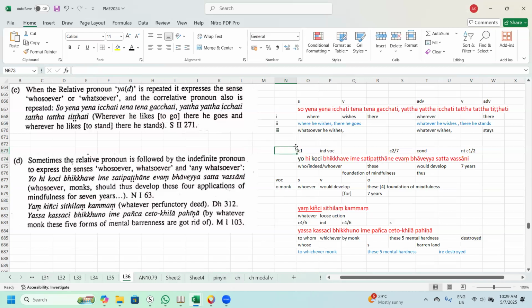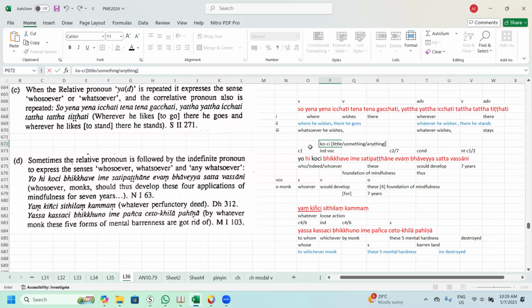The word kochi comes from the word ko plus chi. The word chi has the meaning of little things, something. If it's something, it can be plural, some things or anything. So in this case, anything, it refers to something like that.